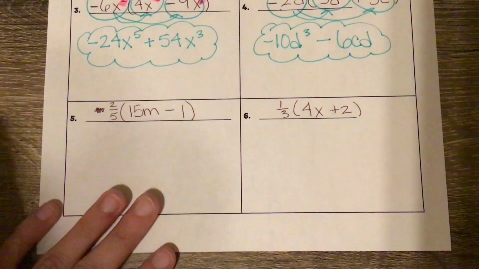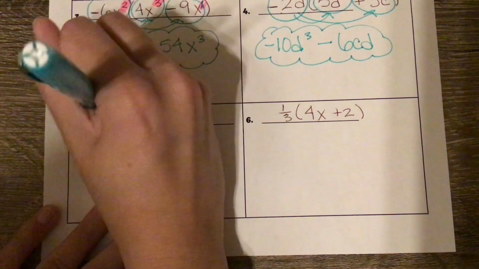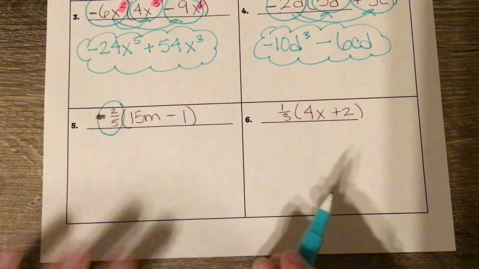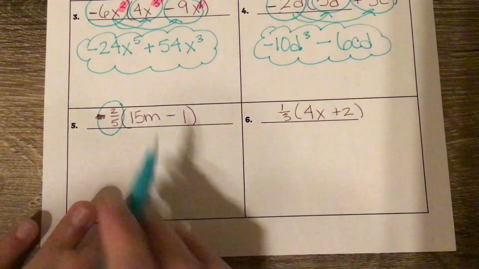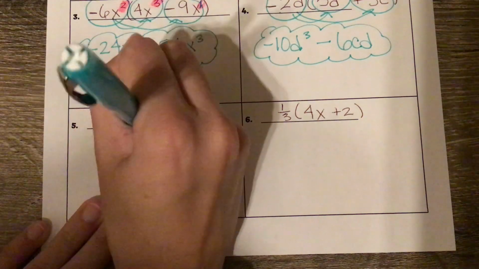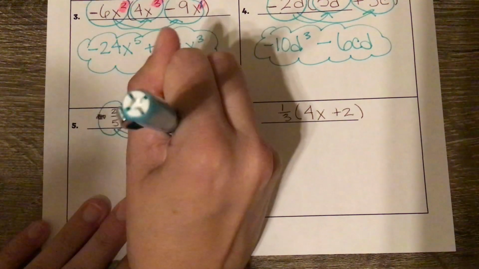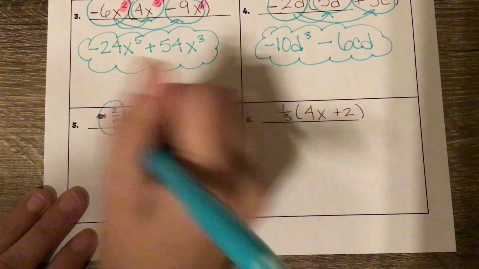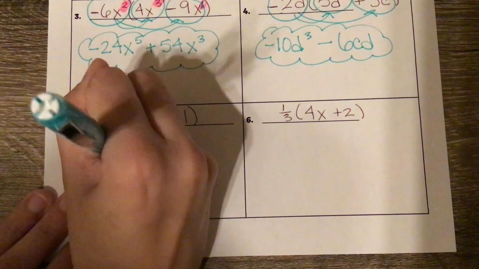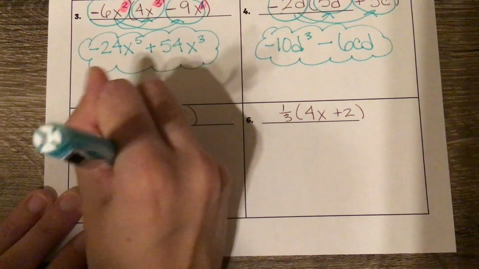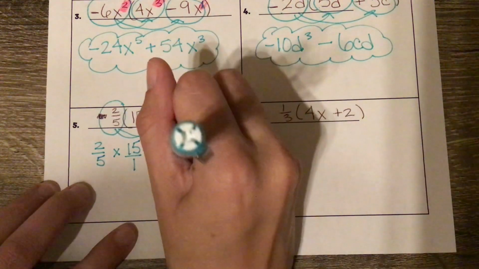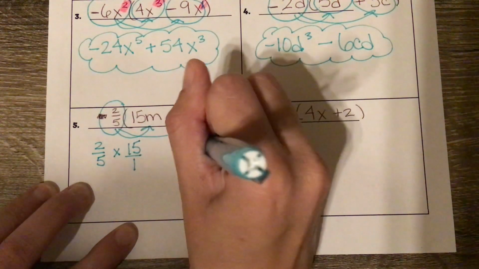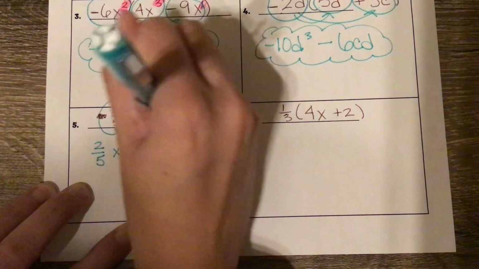Number 5. We're taking the number on the outside, a fraction, 2/5, times these numbers on the inside. So if it's easier for you to write these as fractional parts, you're doing 2/5 times 15 over 1, and you're doing 2/5 times 1.